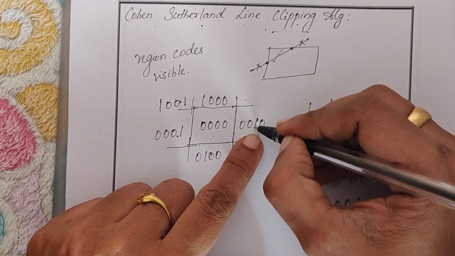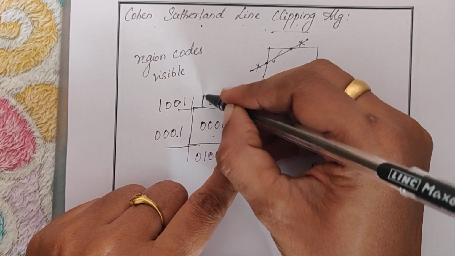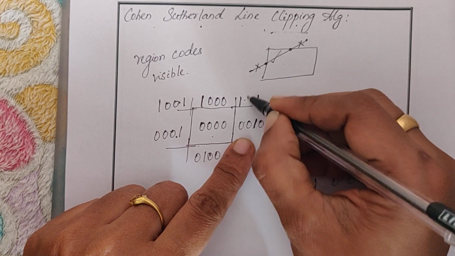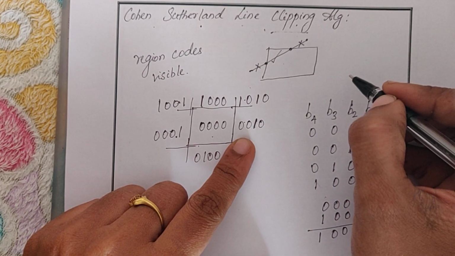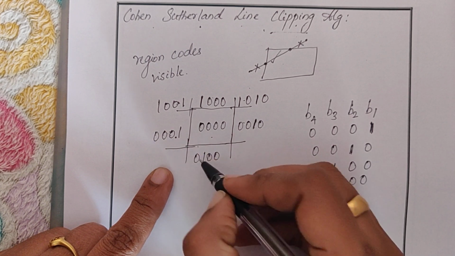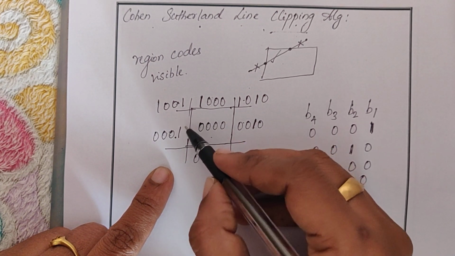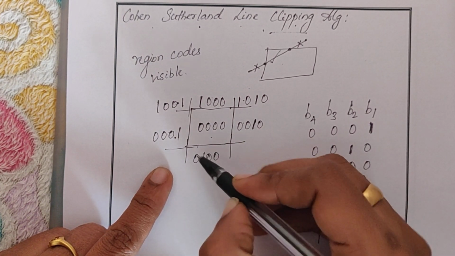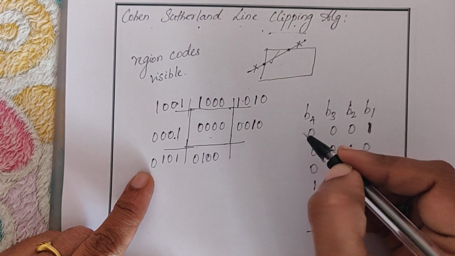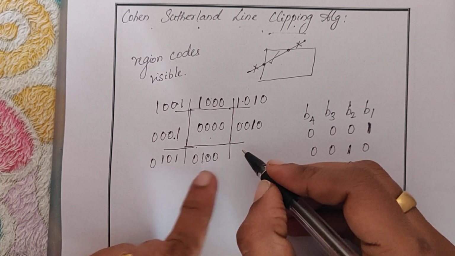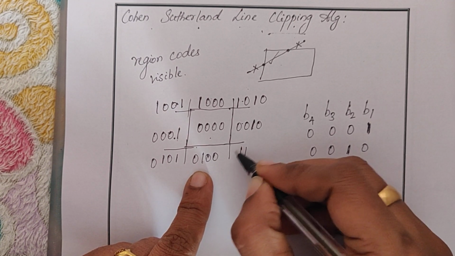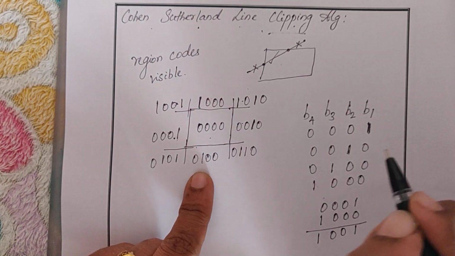Here you check bit 2 is 1, here bit 4 is 1. So I can make bit 4 as 1 and bit 2 as 1, remaining will be 0. Either I can take the XOR operation of these two, or I can find bit 1 as 1 and bit 3 as 1, so the remaining should be 0. Here it should be bit 3 and bit 2, remaining should be 0.